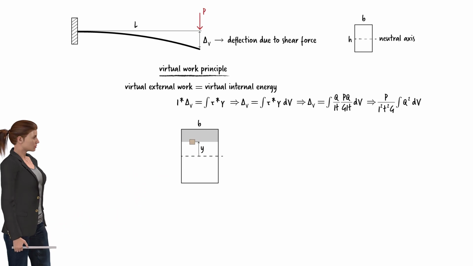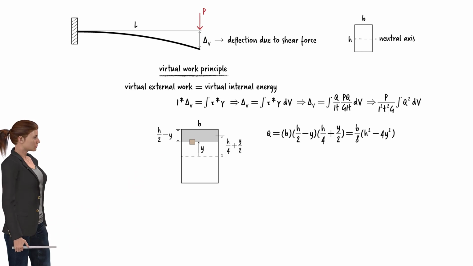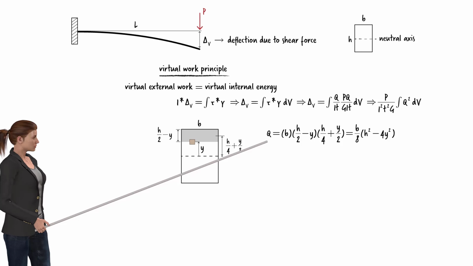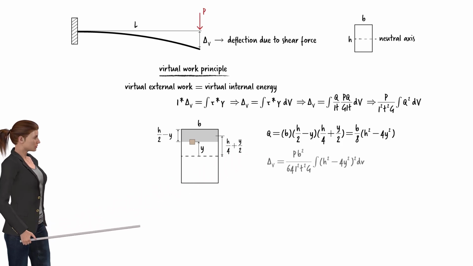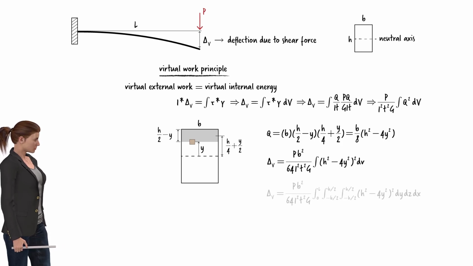The height of the area and the distance from the center of the area to the neutral axis can be expressed in terms of h and y, as shown here. Therefore, Q, the moment of the gray area about the neutral axis, can be written as this. Substituting Q in the virtual work equation, we get this. The volume integral can be expanded like this.